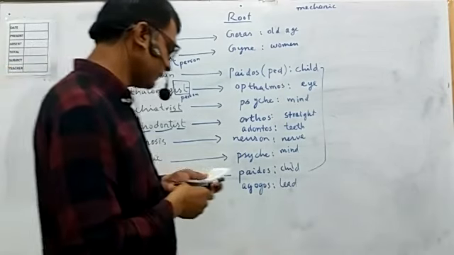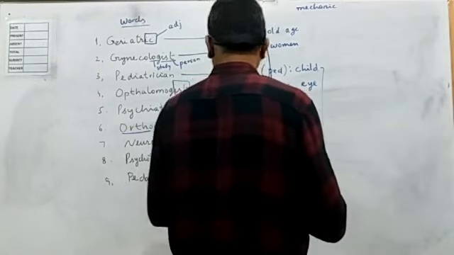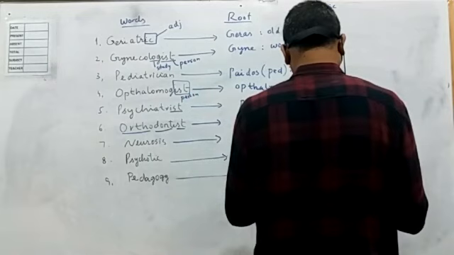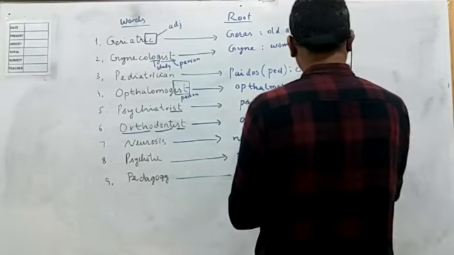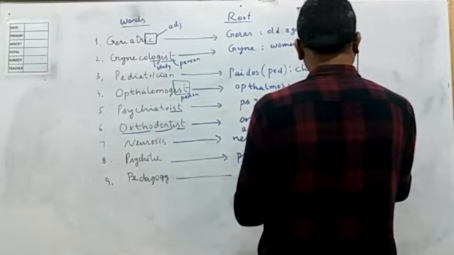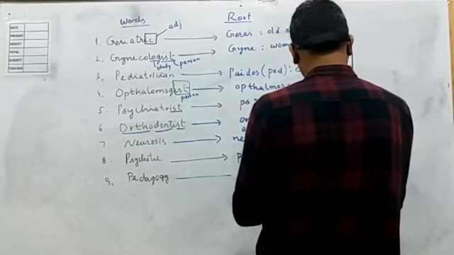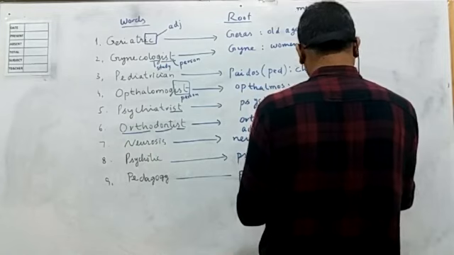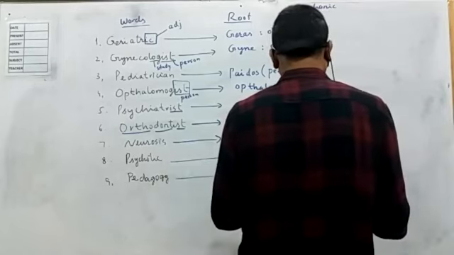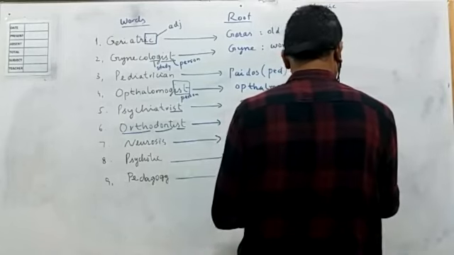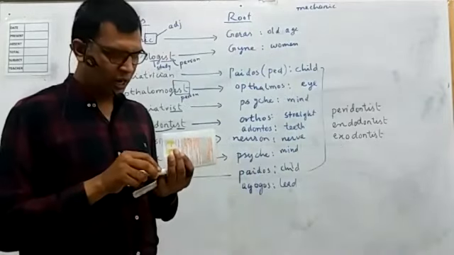In one way, we have a word which is called periodontist, and we have a word endodontist, and we have a word exodontist. Now, somehow we know half of the word.